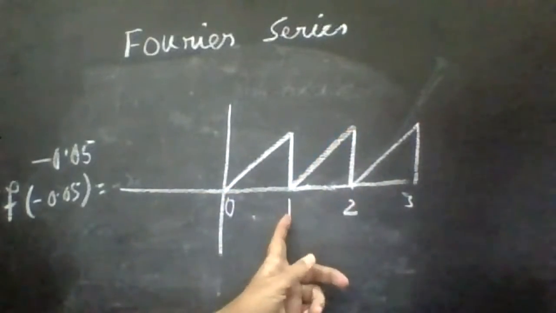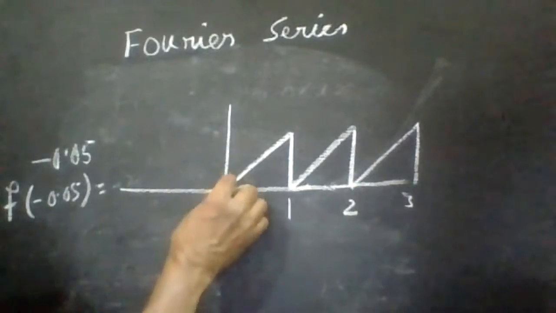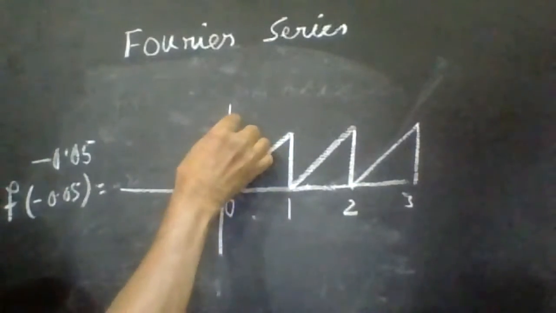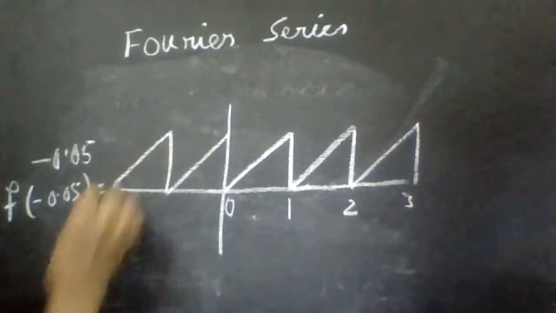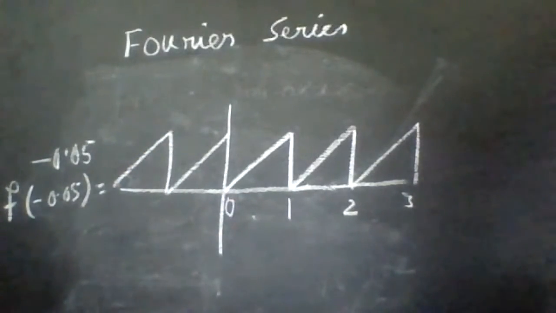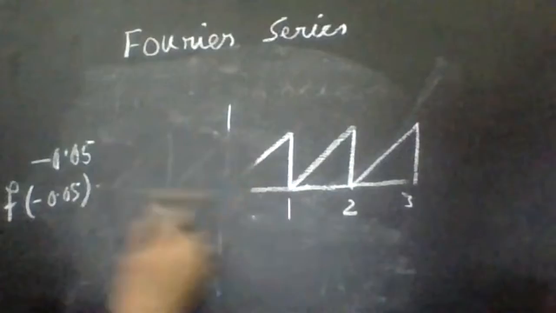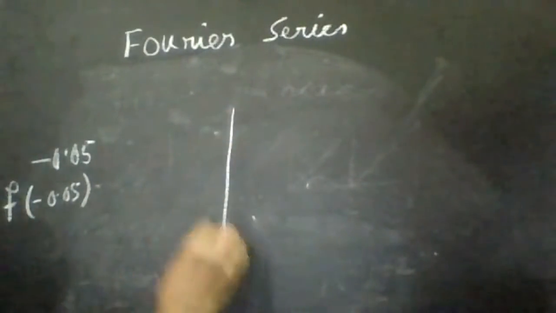When it goes another one, then the function again starts. So this is one example of periodic function, where the function repeats its value after a definite value of x. Every trigonometric function is periodic.